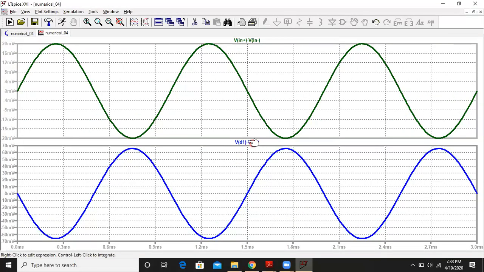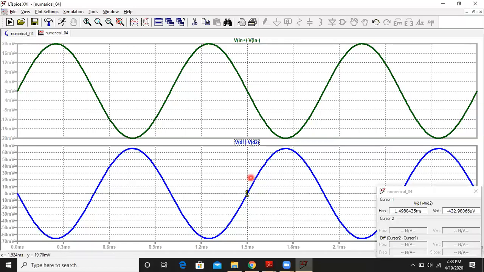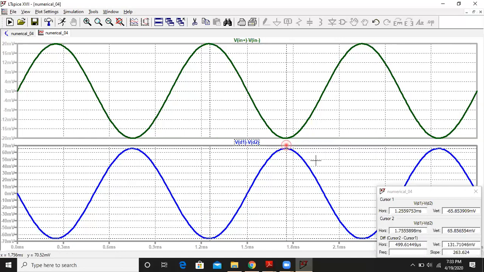Now let us check the amplitude of the output. I'll take the first cursor, next the second cursor, and the peak to peak value is coming out to be 131.62 millivolt. I'll divide that by the input peak to peak, which is 40 millivolt peak to peak.